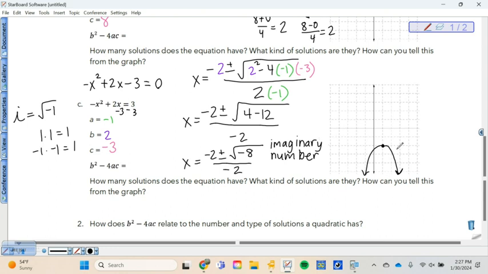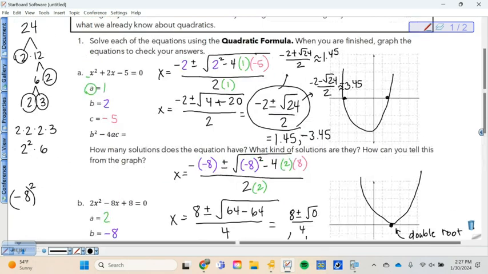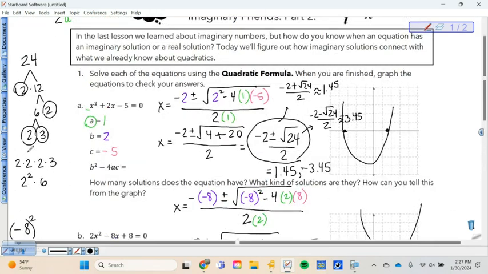Okay. Can we just scroll back up? And we want to look at this part right here: b squared minus 4ac. That's the part underneath the square root symbol. So what did b squared minus 4ac equal in this first part? I just circled it.